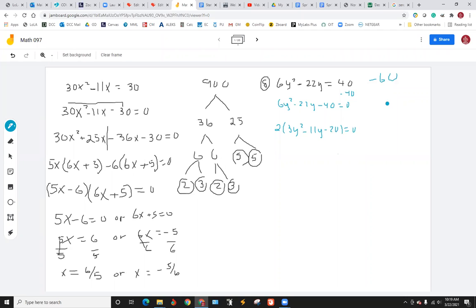30 and 2. So that's not it, because that's the difference of 28. 60 and 1 is not going to do it, because that's a difference of 59.